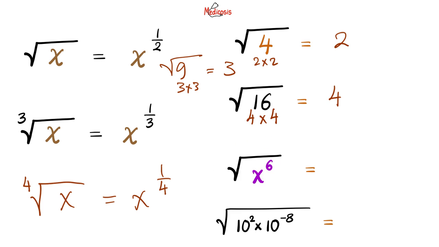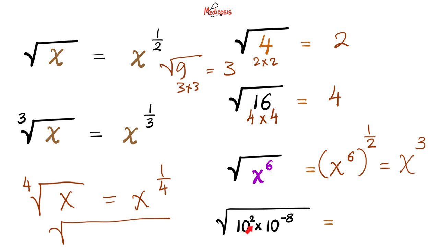How about something like this? Well, remember, the square root can be removed and replaced by an exponent of half. And when you have an exponent raised to another exponent, you can just multiply them. 6 times half. Half of the 6 is 3. So this answer is x power 3. How about this nonsense right here? Okay, we'll keep the square root as is. What's under the square root? Oh, I have a base of 10.